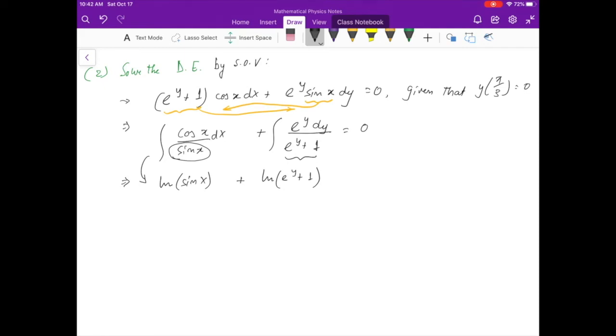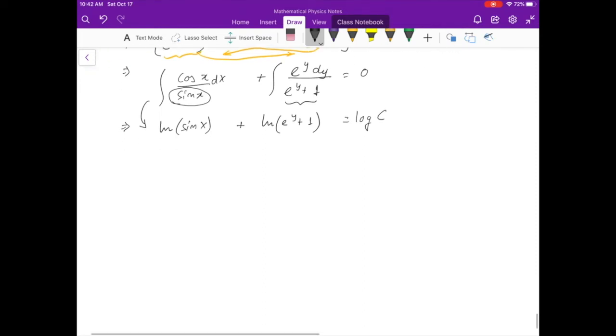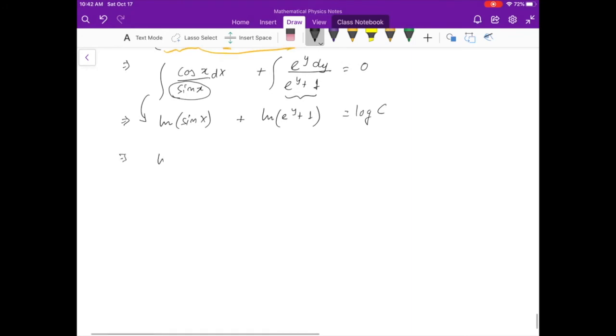Okay, so ln of sine x plus ln of (e to the power y plus 1) is equal to log of c. That is the first form. And this expression can again be combined using logarithmic properties. So the final form can be written as sine x multiplied with (e to the power y plus 1) is a constant.